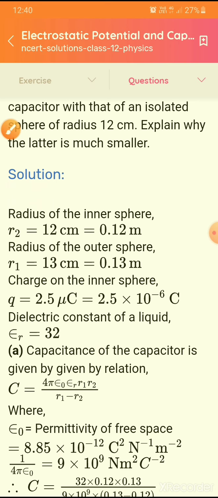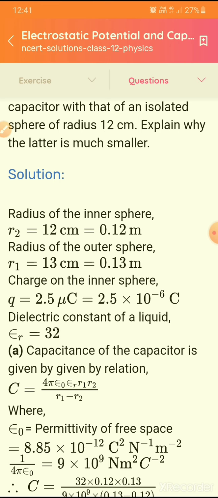So what are the things given: R2 is equal to 12 centimeter, that can be written as 0.12 meters, and R1 is equal to 13 centimeter, that will be 0.13 meters. Then the charge Q on the inner sphere is 2.5 microcoulomb.